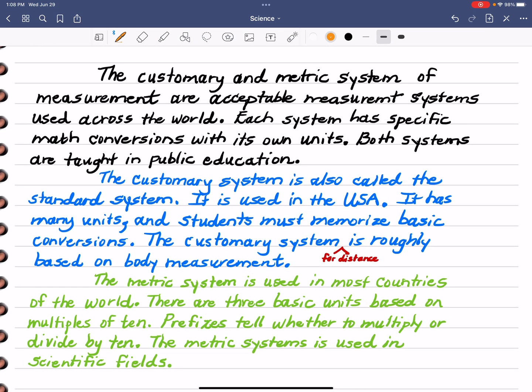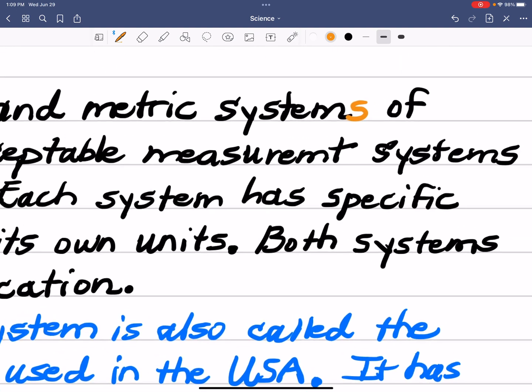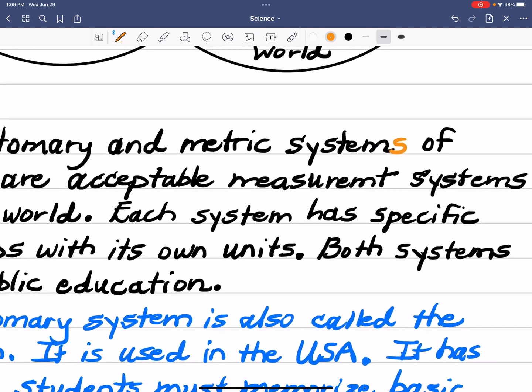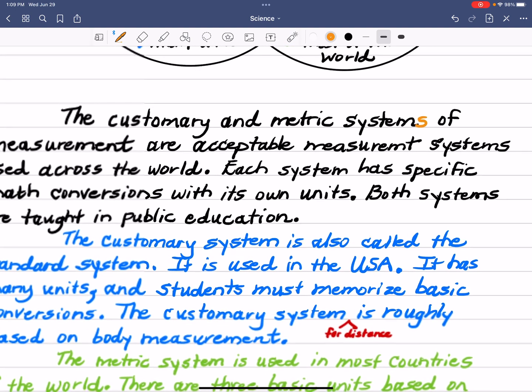The customary and metric system of measurement are acceptable measurement systems used across the world. There is a mistake in that sentence. The customary and metric, how many is that? 2 systems. So we need an S there on that word system because we're talking about 2 systems.